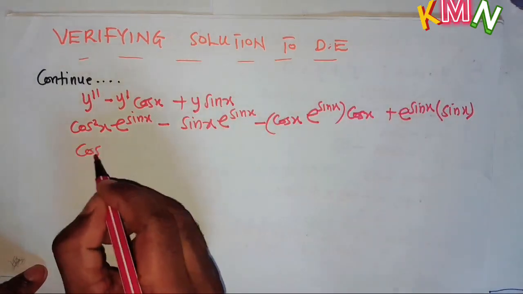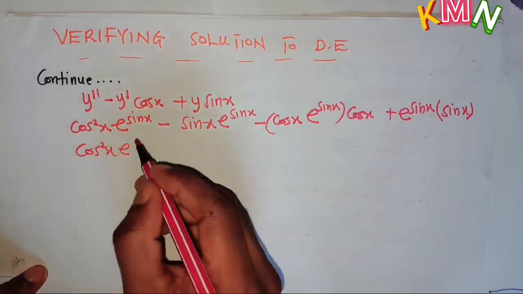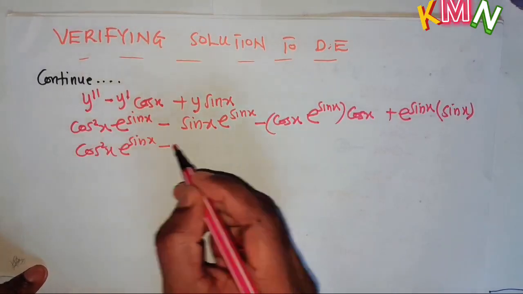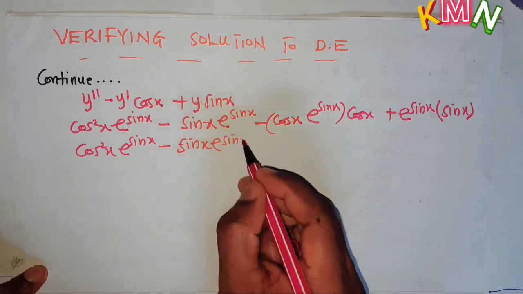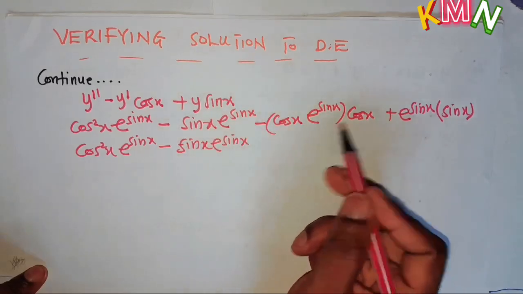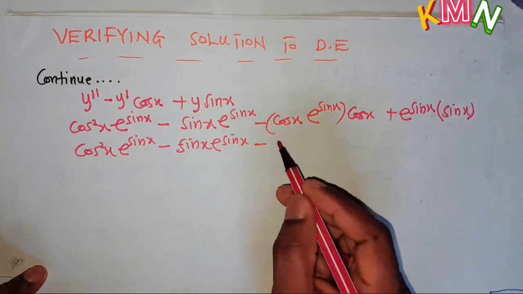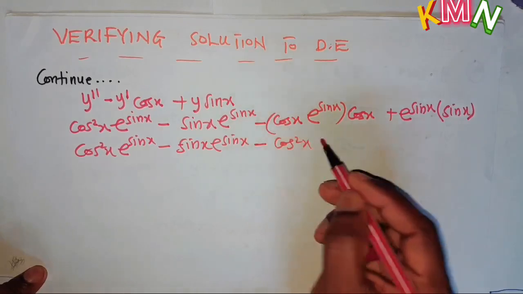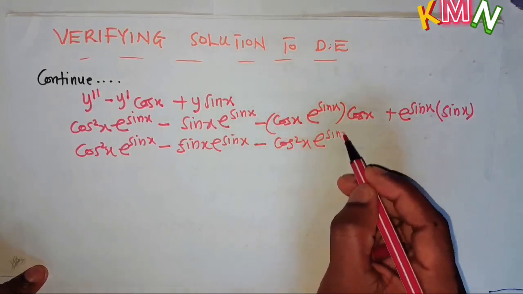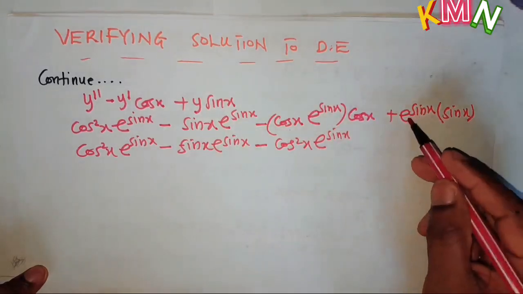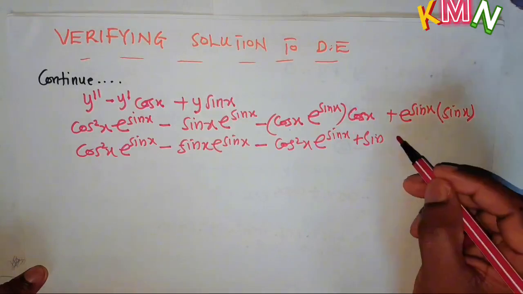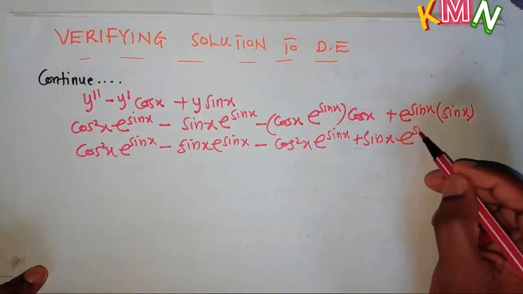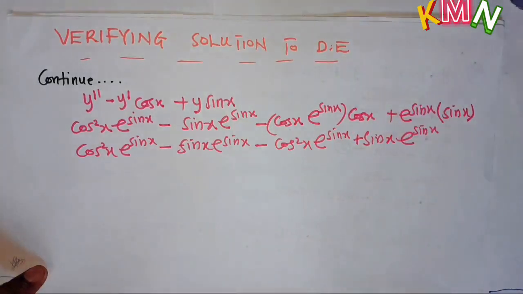So we have cosine square x e power sine x minus sine x e power sine x. So here this multiplies this, we're going to get minus cosine square x e power sine x. Then this by that will give us plus sine x e power sine x.